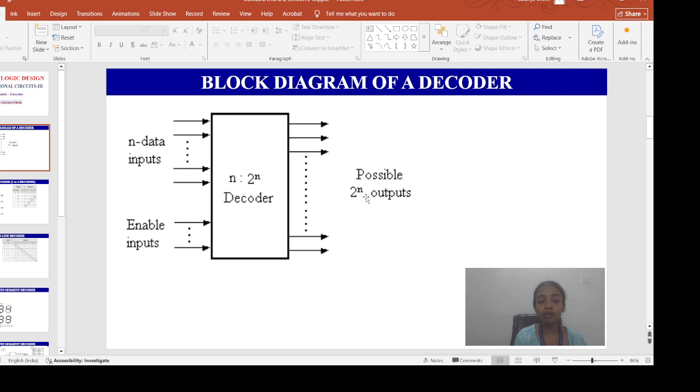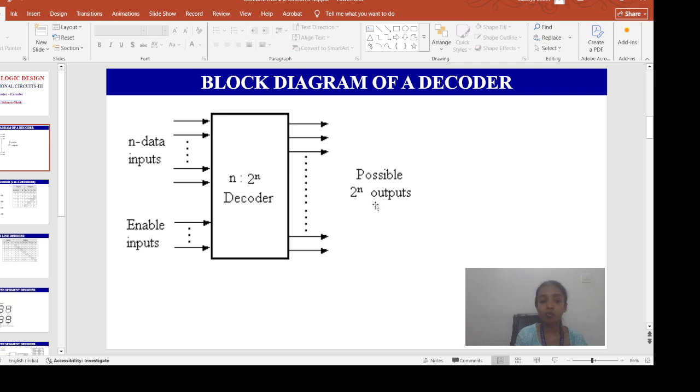The encoded information is presented as n inputs producing 2 to the power n possible outputs. So the 2 to the power n output values range from 0 to 2^n minus 1.